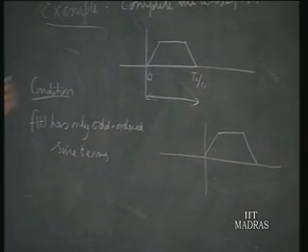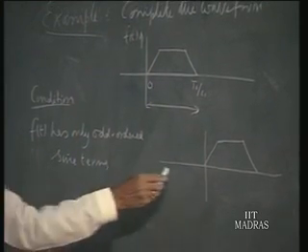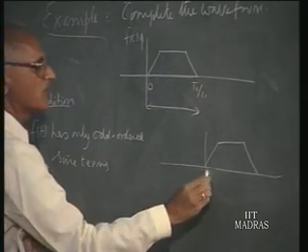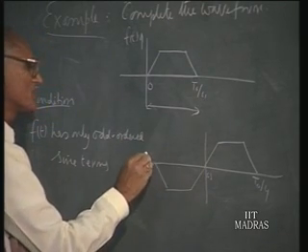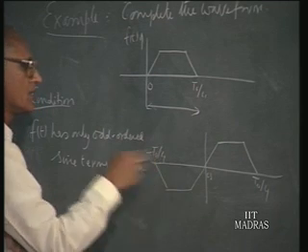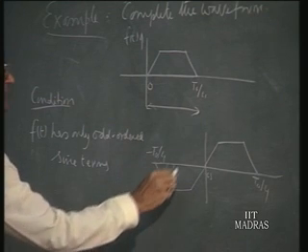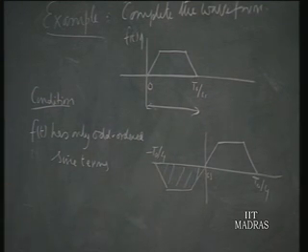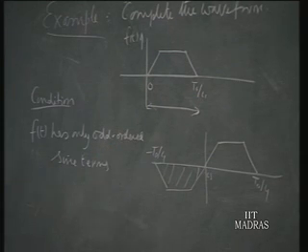If f of t has only sine terms, it means the function is odd. Therefore, if 0 to t naught by 4 is prescribed to us, we immediately conclude that this must be its image on the negative time axis. So this portion we can fill up because only sine terms are present. And then we are also given that it has odd ordered harmonics only, which again tells us that whatever sequence of values it takes in one half cycle is repeated with a negative sign in the subsequent half cycle.